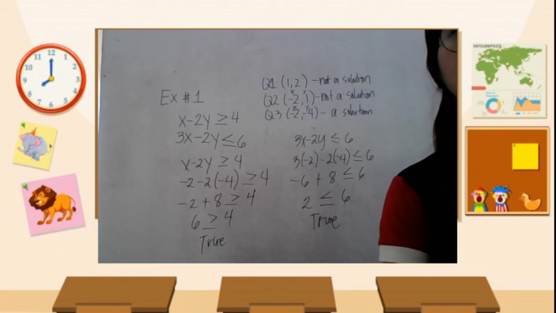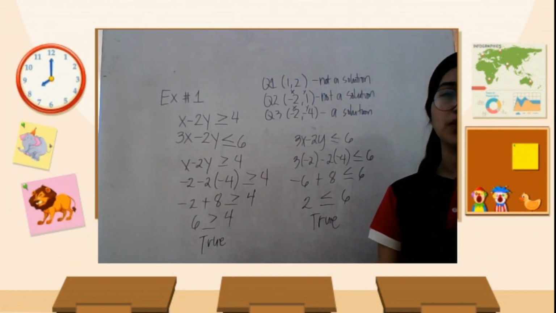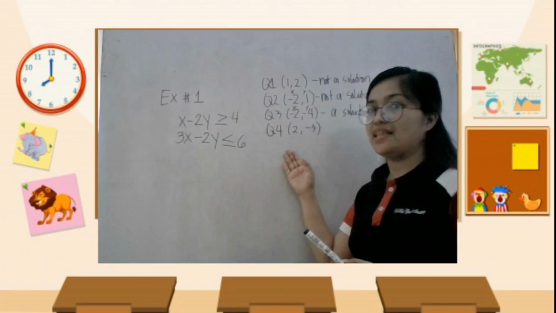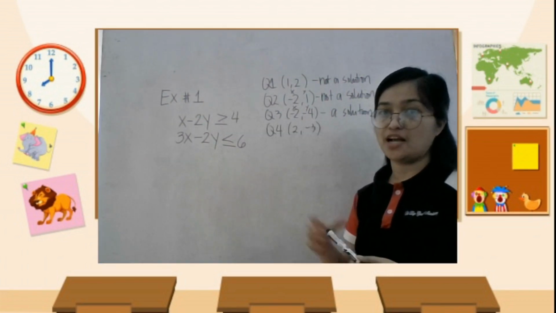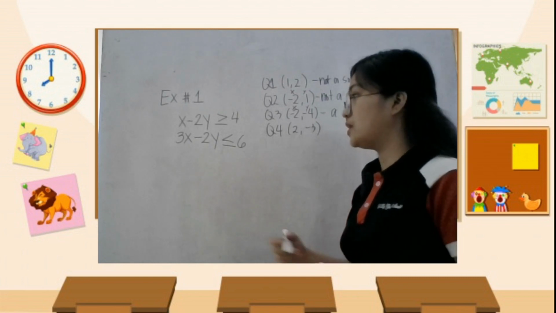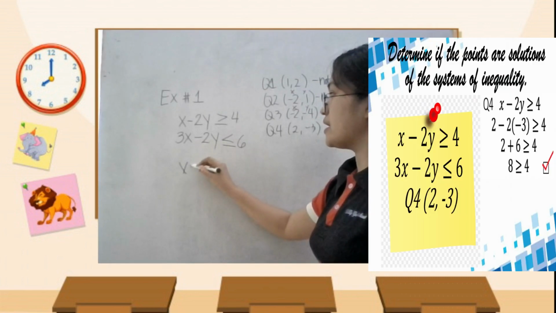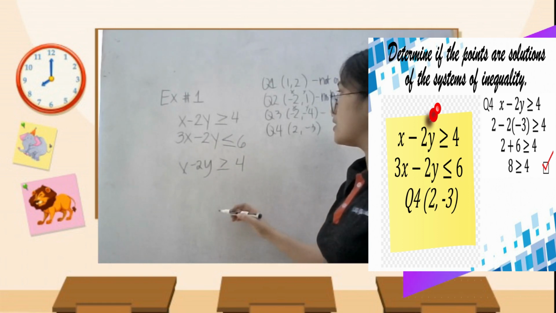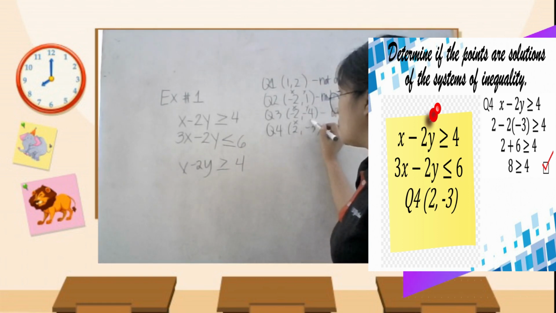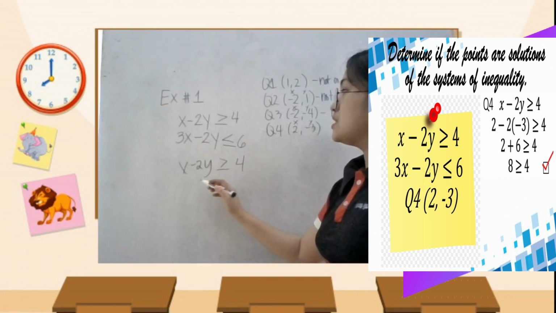Now let's try another one. Quadrant 4 with the point 2 and negative 3. Okay, let's check if it is also a solution of our system of linear inequalities by substituting. So we have x minus 2y is greater than or equal to 4. The x would be 2 and the y is negative 3.